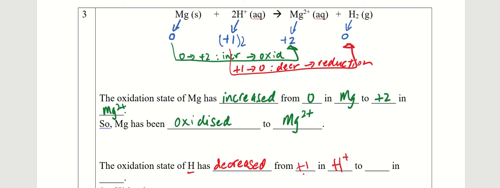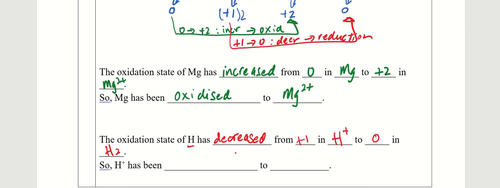So it decreased from +1 in H plus to 0 here in H2. So we know that since the oxidation state has decreased, we say that H plus has been reduced to H2, hydrogen gas.